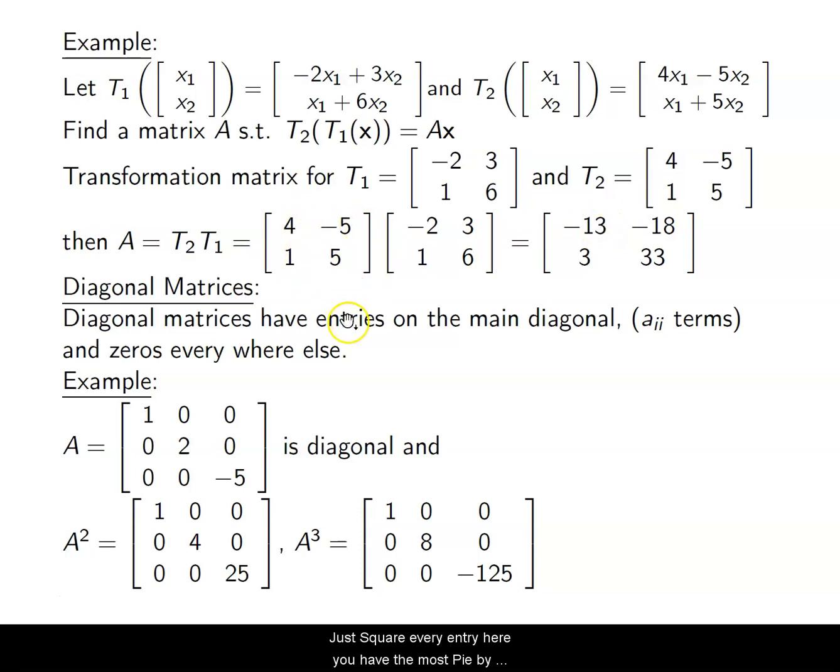You have to multiply it by itself several times, however many times you're taking the power to. But a diagonal matrix is special in that you only have to find the powers of its actual entries. So note that this property of A to the K is only for diagonal matrices.